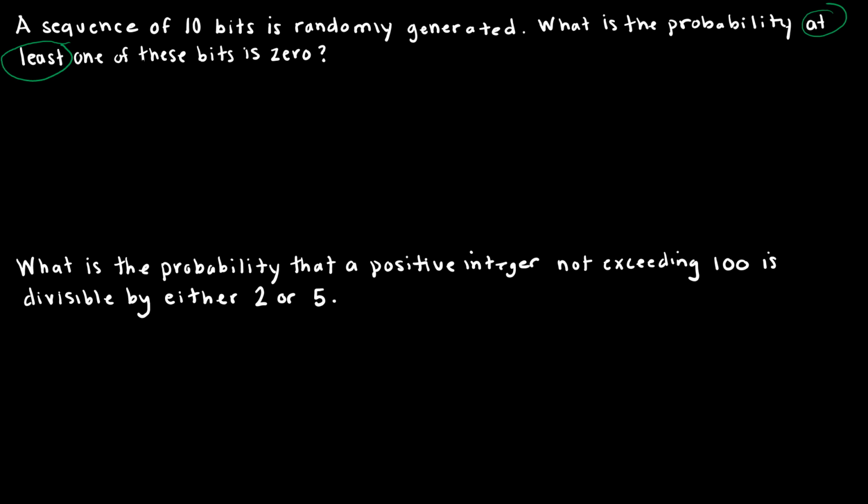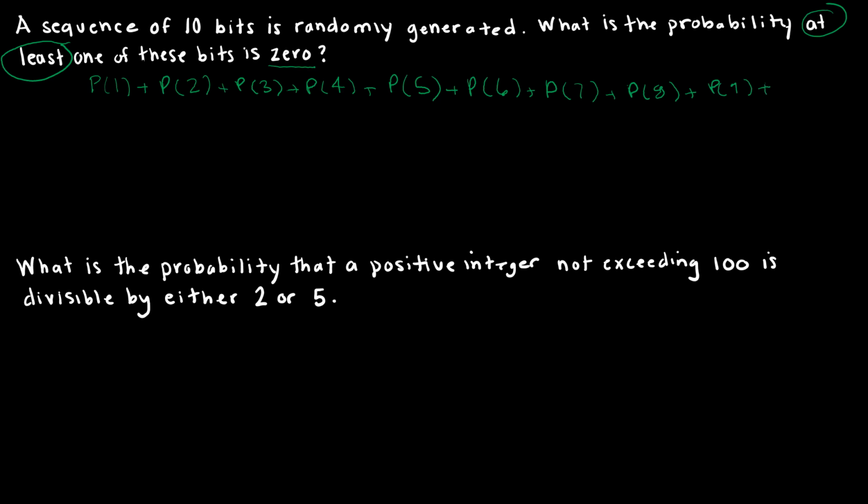So if I didn't use my little at least formula that we talked about in our last video, then I would have to find the probability of 1 zero bit, the probability that I had 2 zero bits, that I had 3 zero bits, 4, 5, 6, or 7, or 8, or 9, or 10.